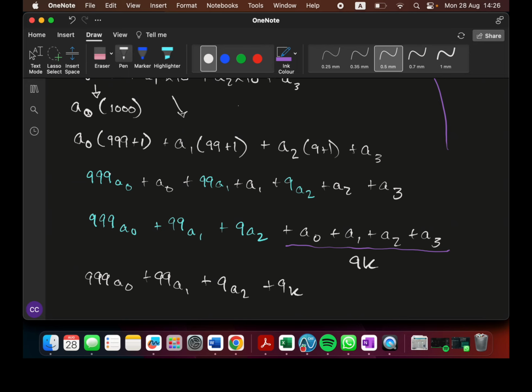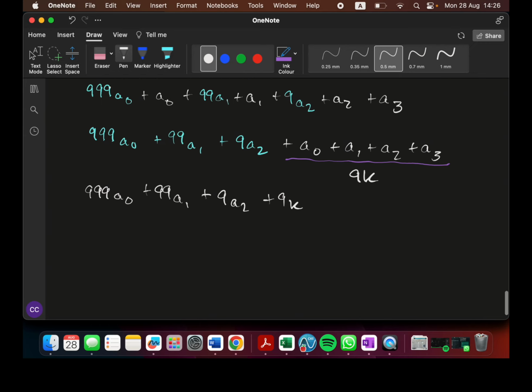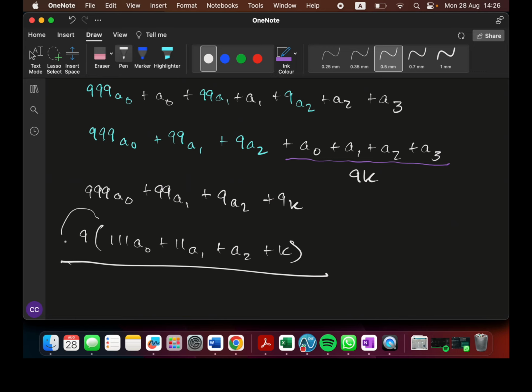Well, what can I divide out of all of those? Let's write a 9, so I'd have 9 times (111 A0s plus 11 A1s plus A2 plus K). That is always divisible by 9, and that's the game there.